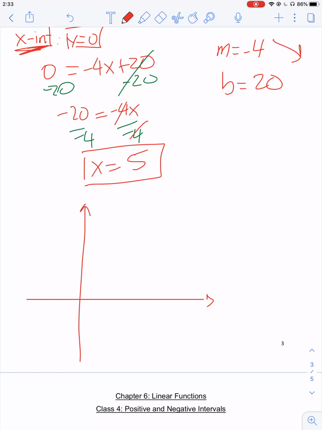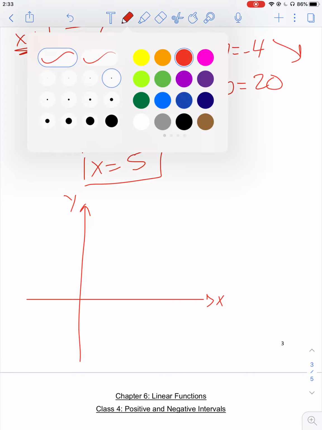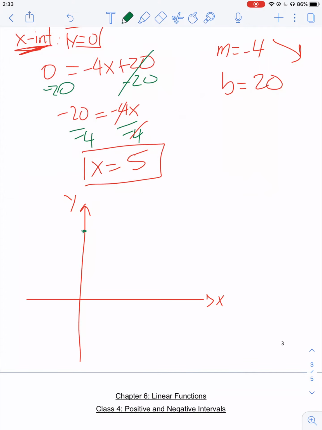So this is my x, this is my y, right? My y-intercept is 20, so this is the point. Maybe I should use a different color. So this is the point where my y value is basically 20. And because my slope is negative, my function will decrease, right?